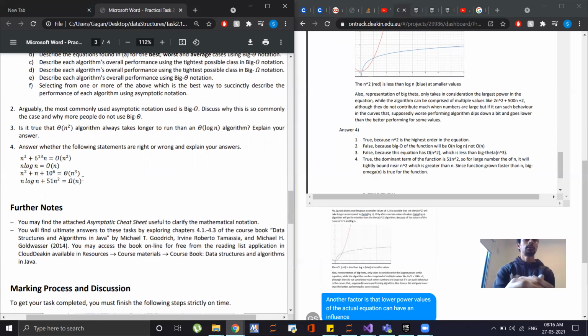Yes, this is true because even though it's not a tight bound, omega denotes the lower bound. So even if it is loosely bound, it's still true, because all the algorithm will be above that threshold.